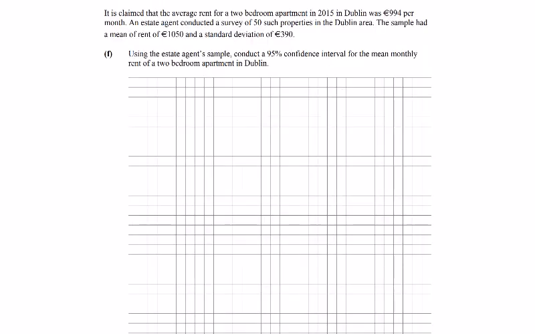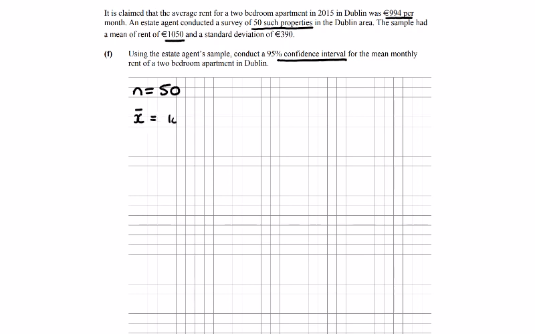The last part, part F, we have to do a confidence interval here. It's claimed that a 2-bed apartment in Dublin was 994 per month, and an agent conducted a survey of 50 such properties. So we have a sample here. We have n is equal to 50. We have a claim that it's 994. The sample had a mean of 1050.